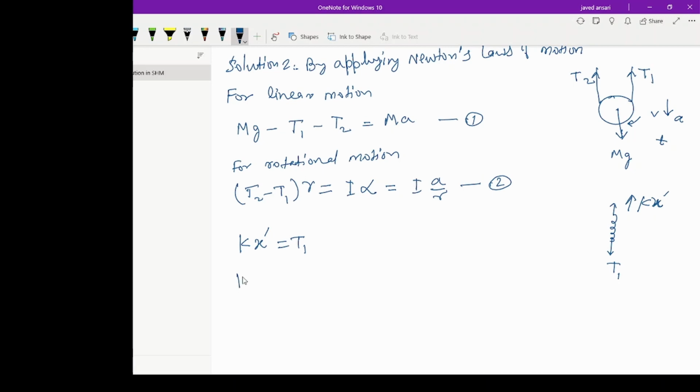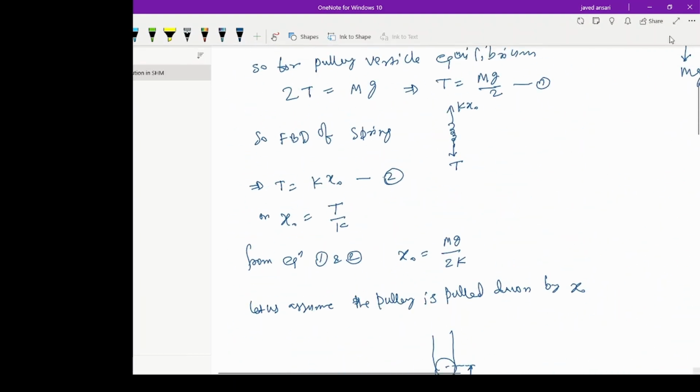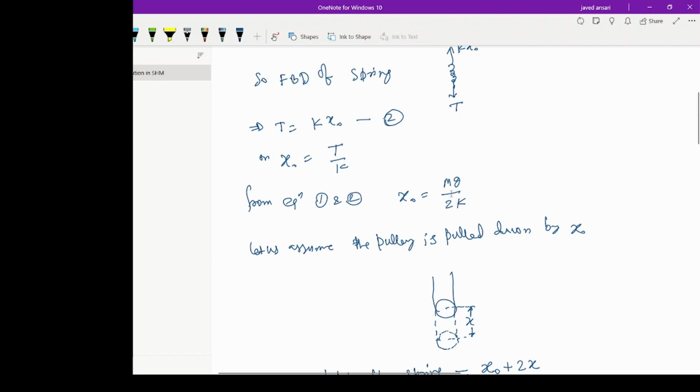So total elongation at that time in the spring is x naught plus 2x, where x is the displacement of this pulley, equal to T1 by k.